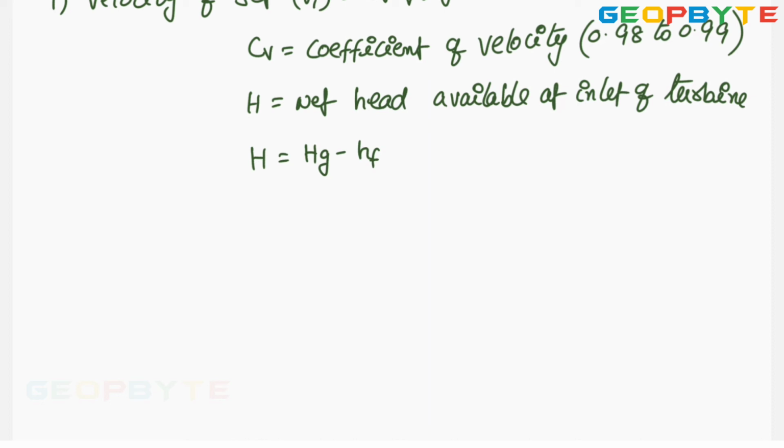Gross head means the vertical height from the surface of the water in the tail race to head race.